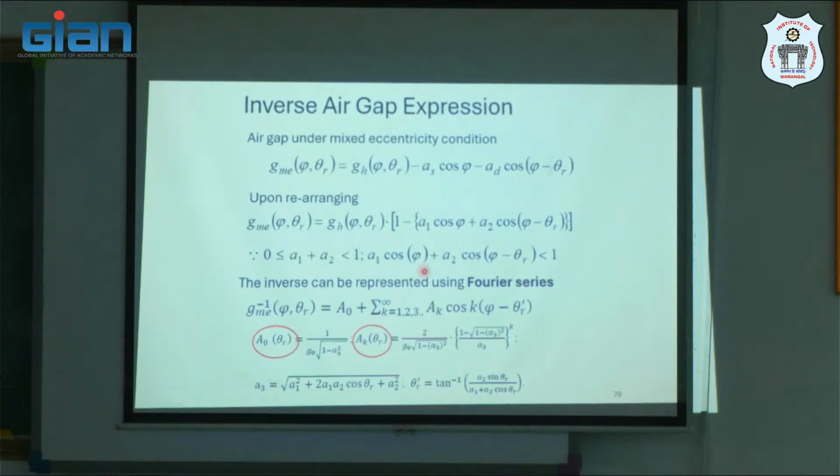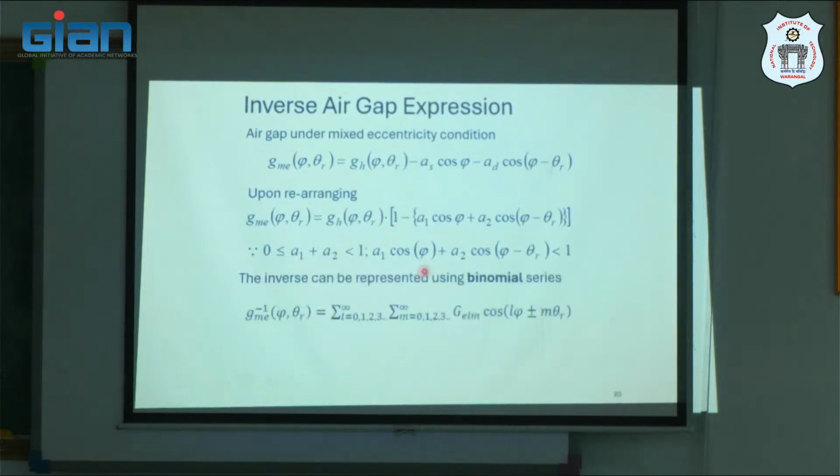And this newer method gives us the inverse air gap function under mixed eccentricity fault to be a function like this: some constant times cos of L phi plus or minus m theta r, where L is a number that varies from 0 to infinity. It's an extensive harmonic model. So you have to approximate it at some point, right? So essentially that's the idea.